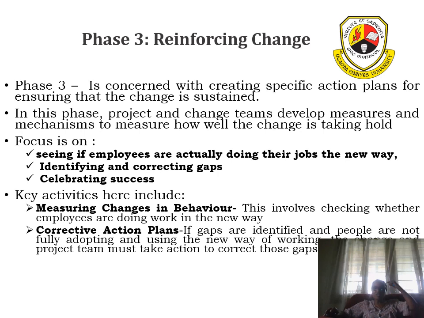Phase 3 is when you analyze what you have done to identify gaps. If there was a new job that has been identified, you actually identify it. If there have been any gaps, you correct them at this time, and also you celebrate any successes. People who have adapted to the change quickly and smoothly, these are identified and they are rewarded.